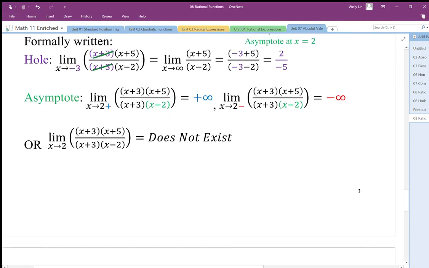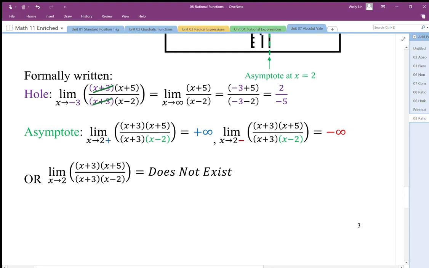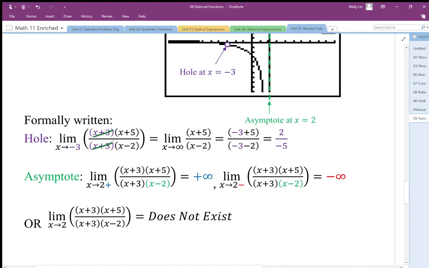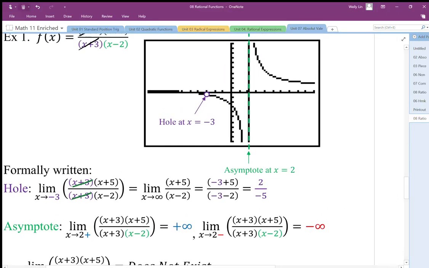To show a vertical asymptote, in this case, our vertical asymptote is happening at that +2 value. And as we approach +2, this plus on this side indicates that we are actually approaching it from the right-hand side. So that plus does not mean +2. It means that we're approaching the limiting value from the positive side.